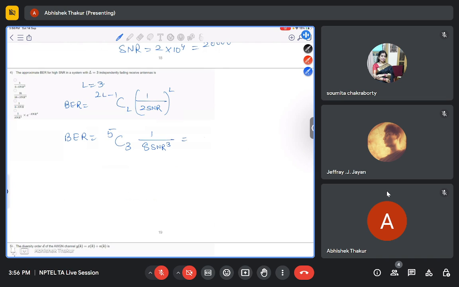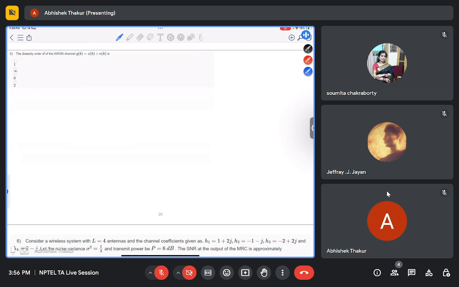It will be 5 factorial by 3 factorial into 2 factorial, so it will be 10 by 8 into 1 by SNR cube. So that is equal to 5 by 4 SNR cube. So the correct answer is option number A.